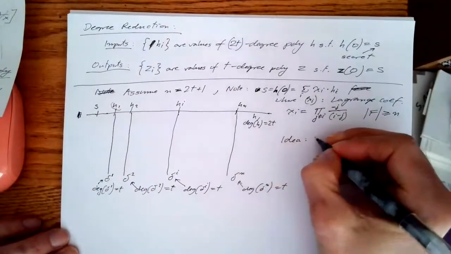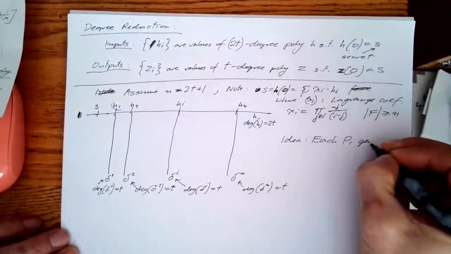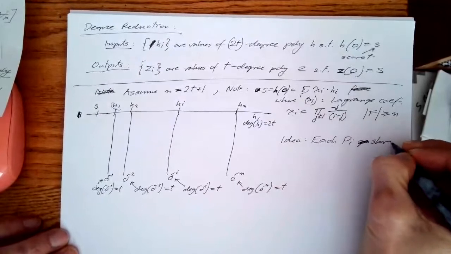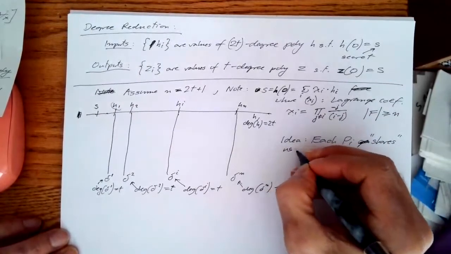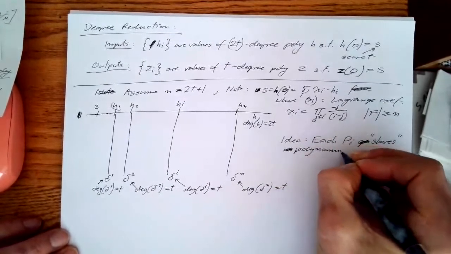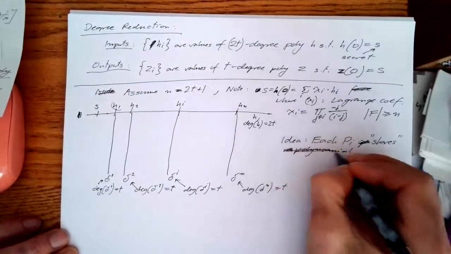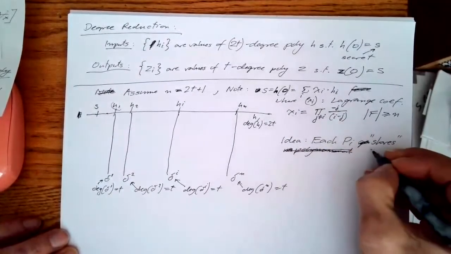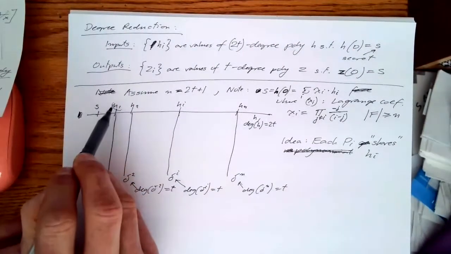Idea: each Pi shares, or actually in terms of secret sharing, what they're sharing is their own evaluation point.